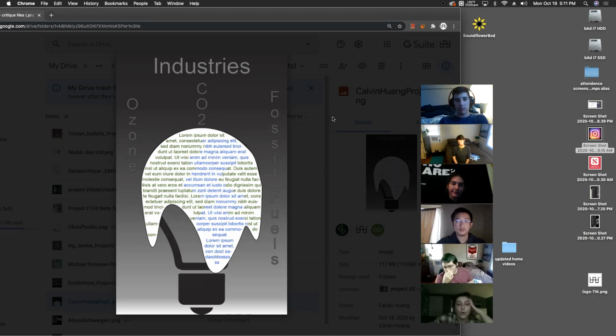As for the white, I guess maybe the light bulb can be turned on and have light emitting around it to show that it's a positive thing. Yes, maybe the light bulb isn't gray and is a different color from the rest of the image, which is supposed to be kind of dark and gloomy, maybe.